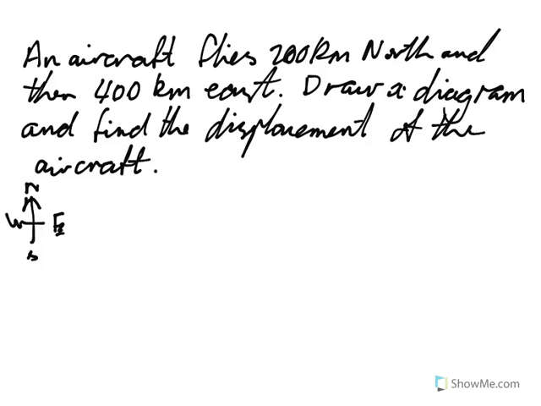Then we have flies 200 kilometres north. There we are. Then it flies 400 kilometres east. There we are. And we want to draw a diagram and find its displacement.